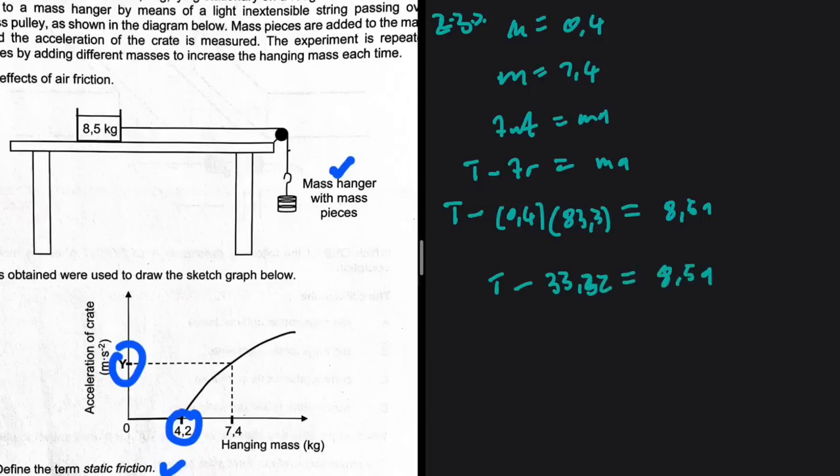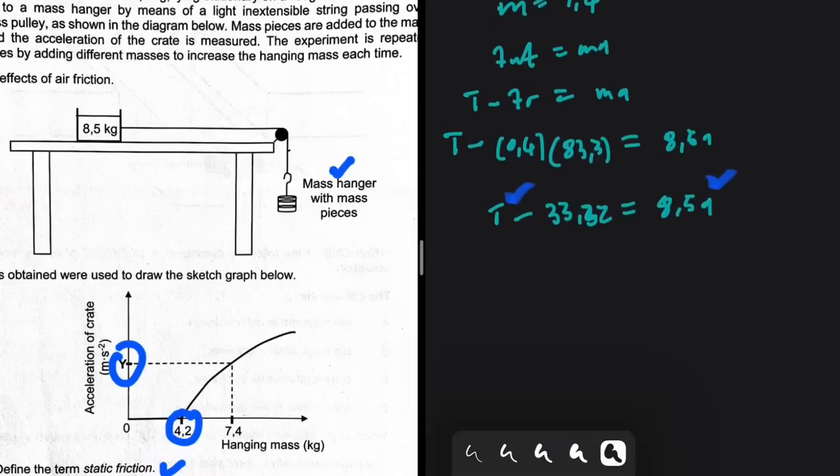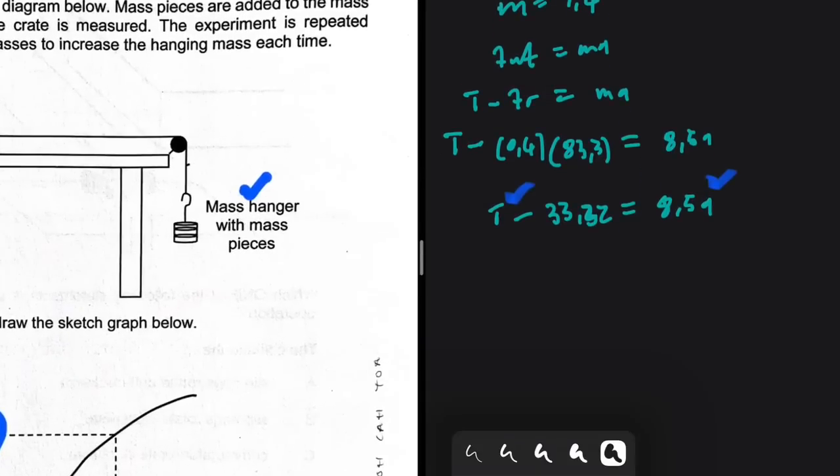Okay, so it seems like we are stuck here. We have the tension and the acceleration, two unknown variables, right? So we need another equation. Let's concentrate on the mass hanger. The free body diagram should be the weight and the tension, right? So why is it going down?